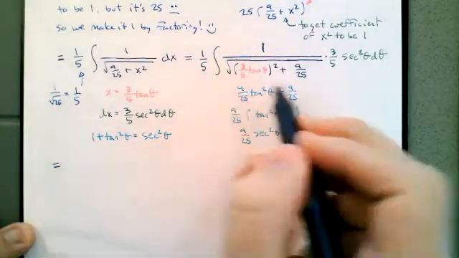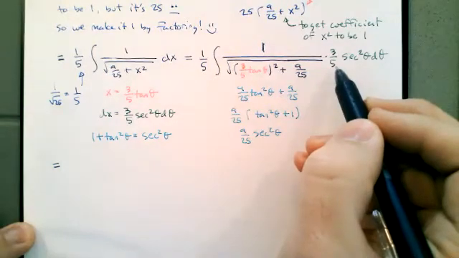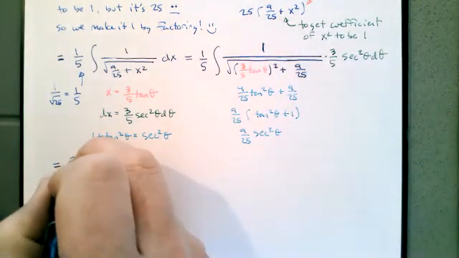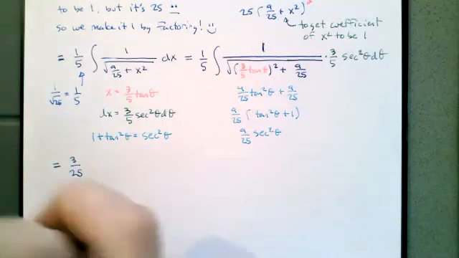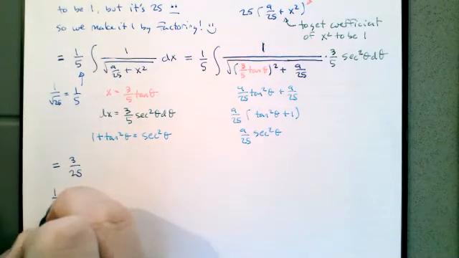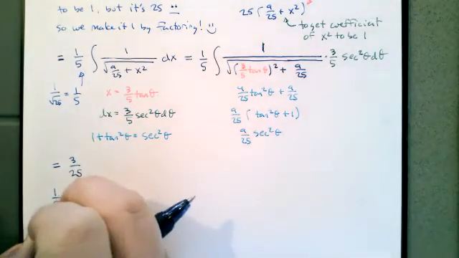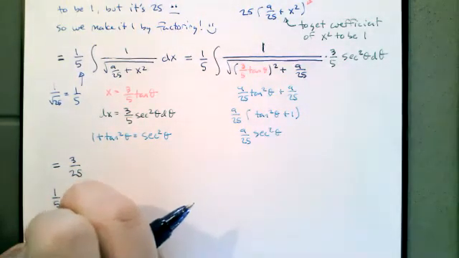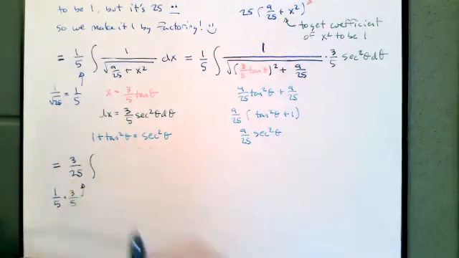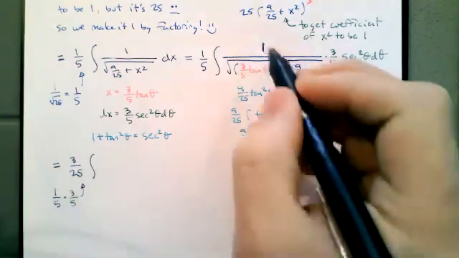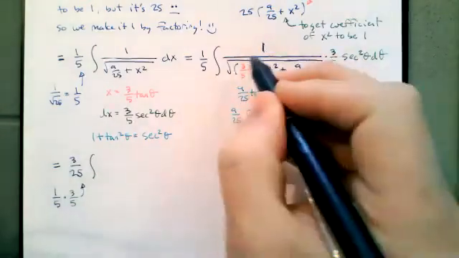I've got this 1/5, and I'm going to multiply it by the 3/5 to get 3/25 out in front. So this is from 1/5 times the 3/5 from the d theta. Remember, this is just bookkeeping. And now I'm going to put the secant squared on top.